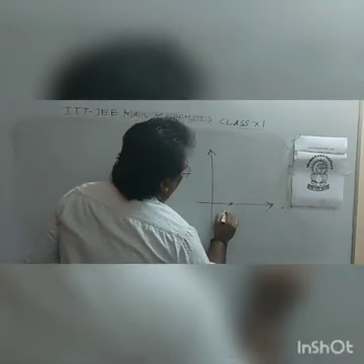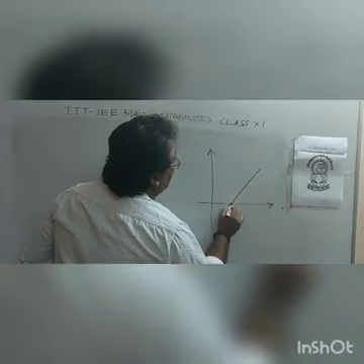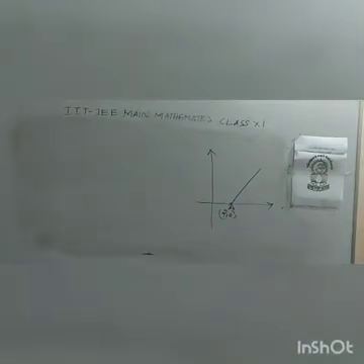A line passing through the point 2, 0, which makes an angle of 30 degree with the positive direction of x-axis, is rotated about A in clockwise direction through angle of 15 degree.